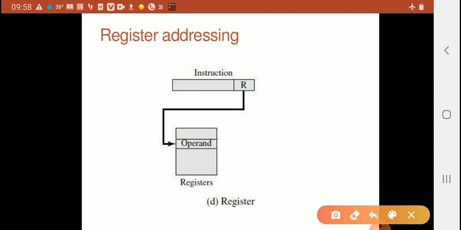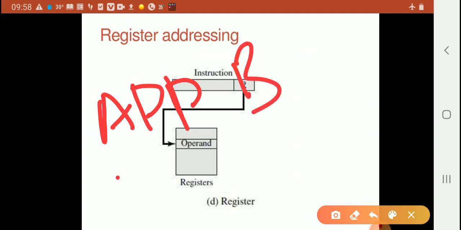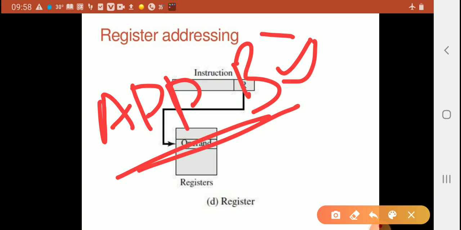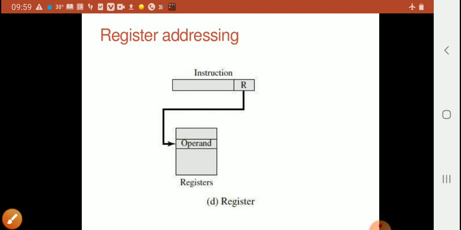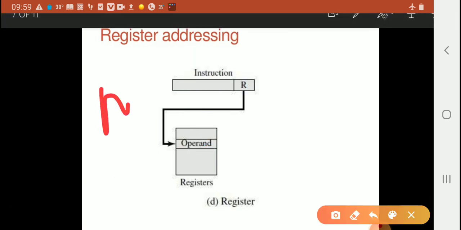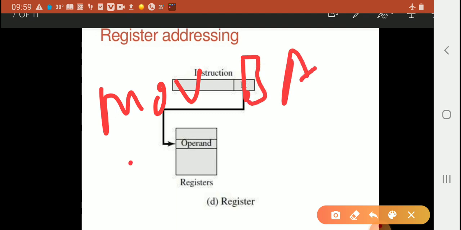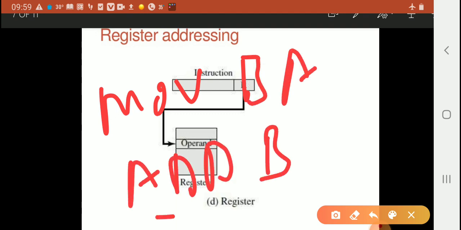Another example, ADD B. That means add the content of register B to the accumulator and store the result in the accumulator. This is an example of the register addressing mode. MOV B, A and ADD B are the main examples of register addressing mode.